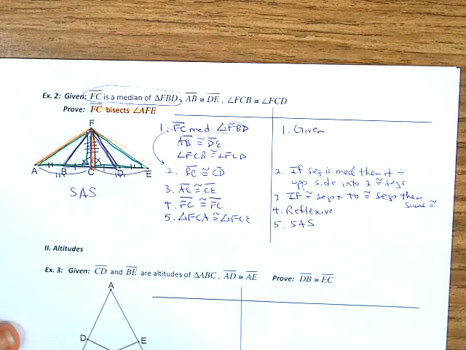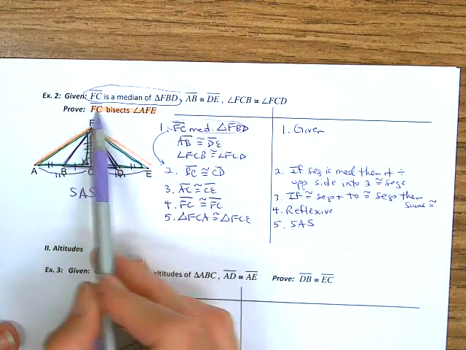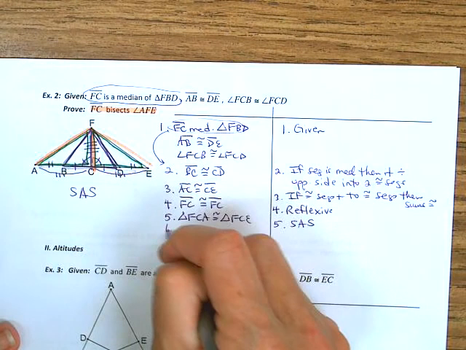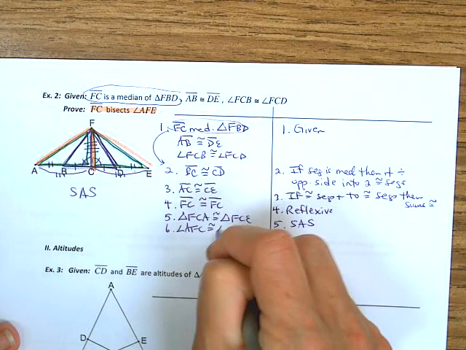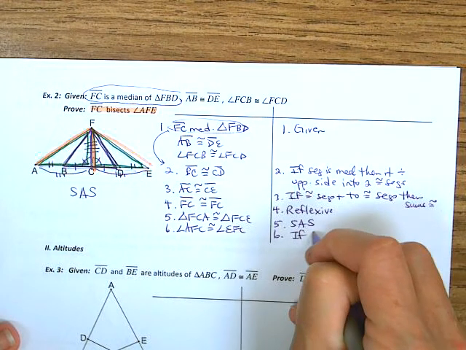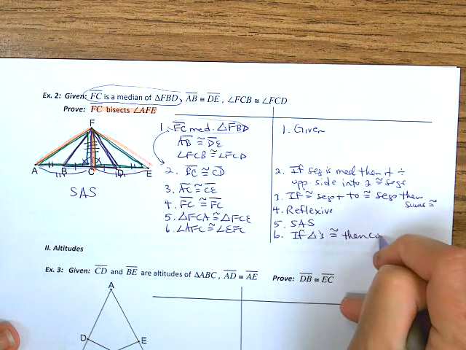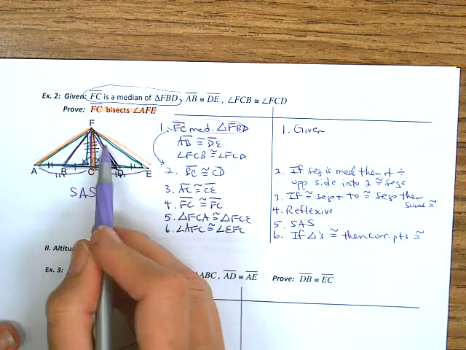And then remember, I need the corresponding parts that will get me this orange bisected angle. So the corresponding parts are the top green angles. So that would be angle AFC congruent to angle EFC. That's if triangles congruent then corresponding parts congruent, because those are the ones then that are going to get me this bisector.